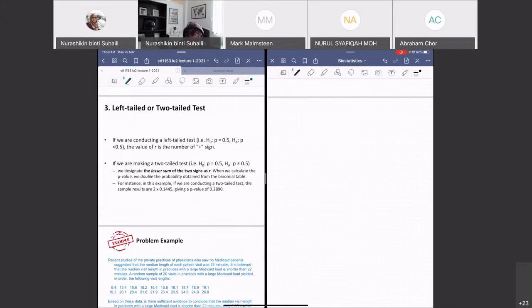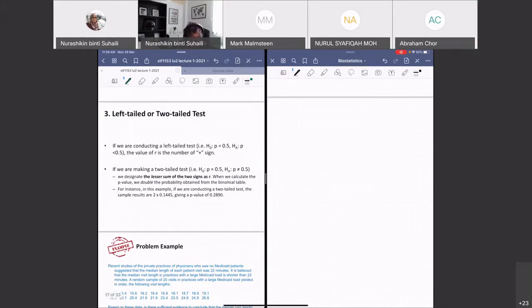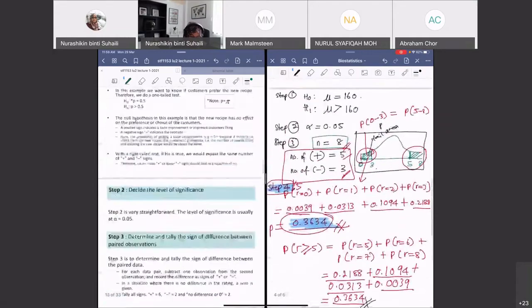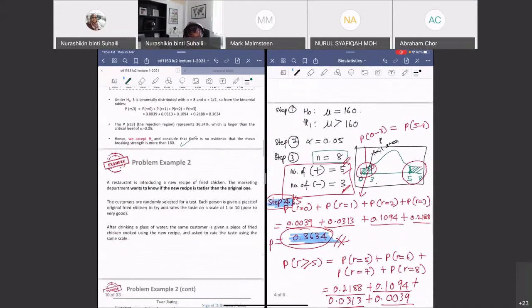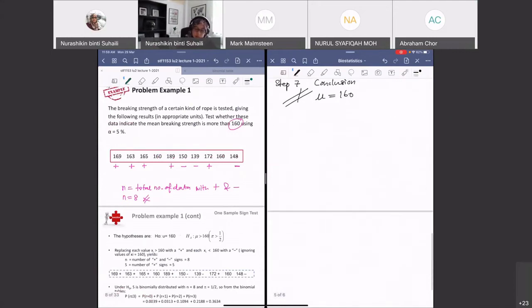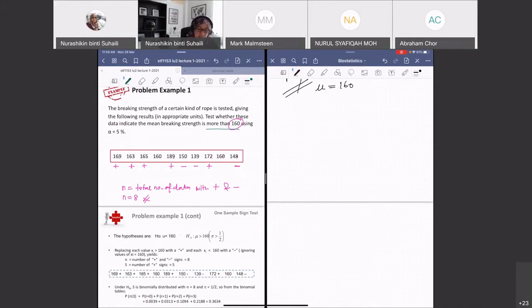So what is meant by left tail or two tail test? Just now, if we refer to the problem, it is given in the question, the specific condition: more than 160. That is actually the hint for you to develop the alternative hypothesis to say that the alternative is more than 160.